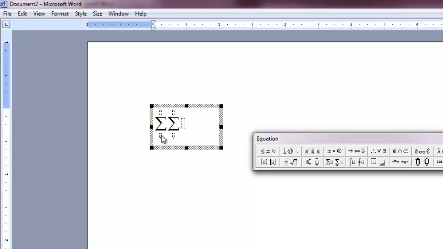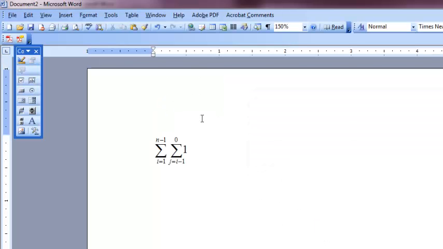So what you have is i equals 1 to n minus 1 and j equals i minus 1 to 0, and this is 1. So that's what we have.